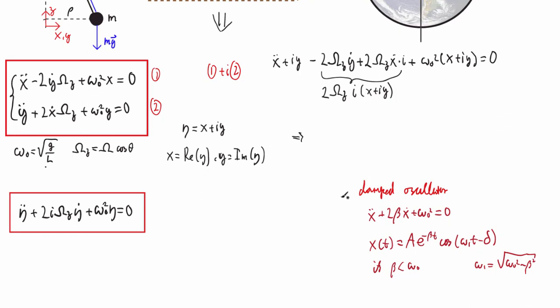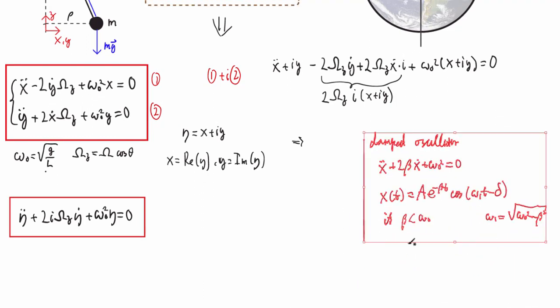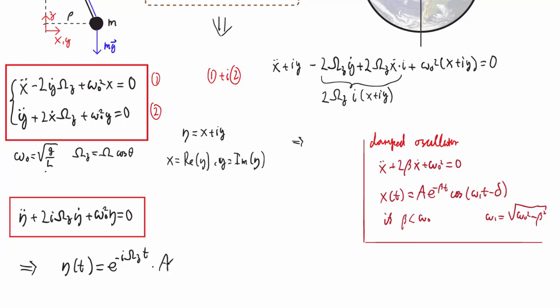So from this little box, we will get the solution where omega 1 is the square root of omega naught squared plus capital omega squared.